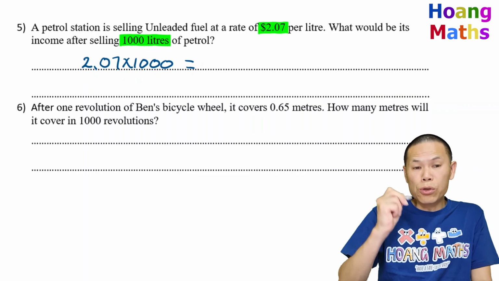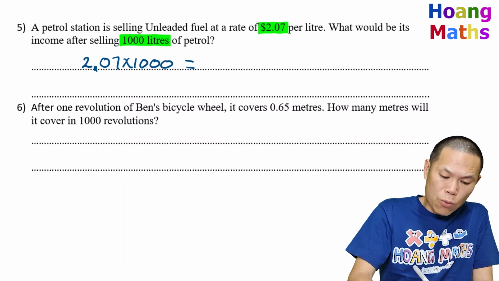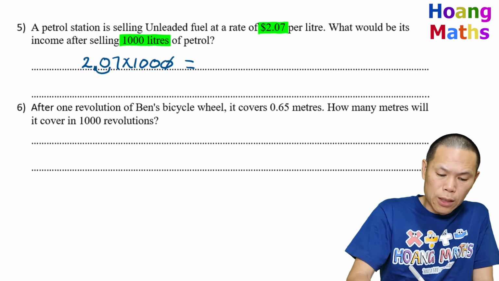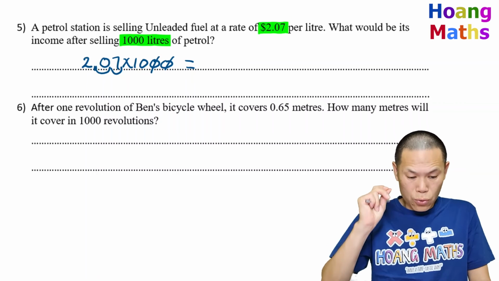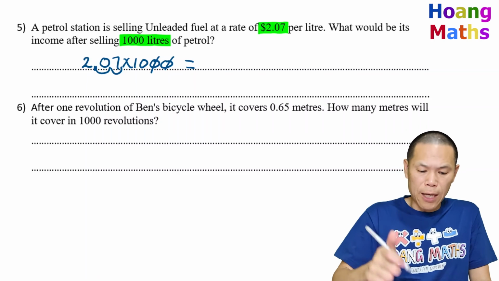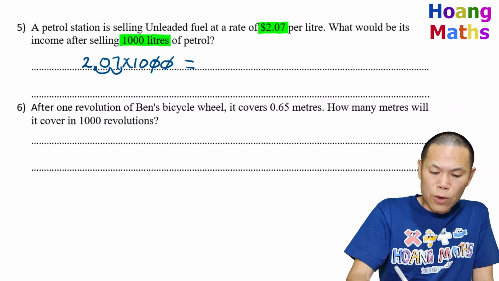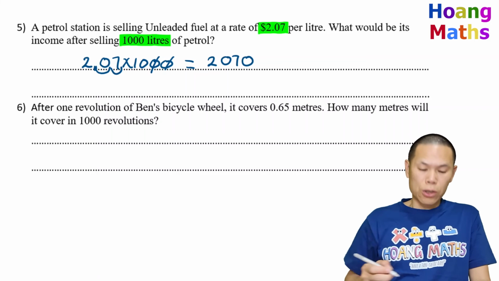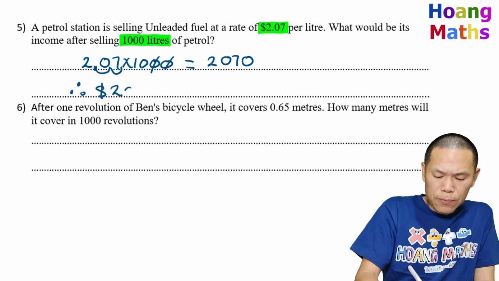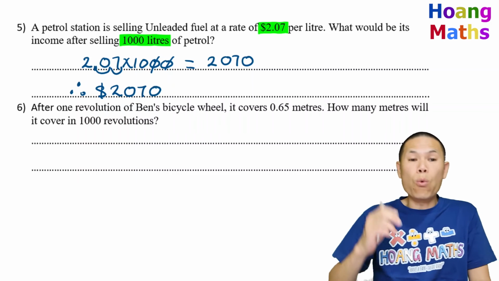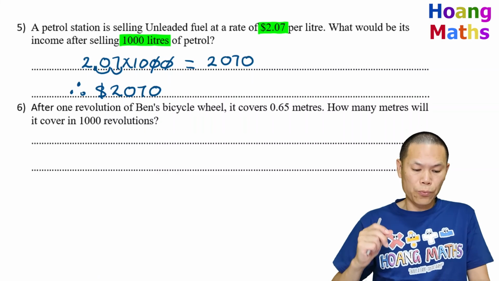So we just need to move this decimal point here, 1 unit, we cancel this, we move 1 more time, we cancel this. So it becomes 207 times 10. So we just write 207, and we just need to add a 0. So now, therefore, $2,070 for 1,000 liters of fuel.